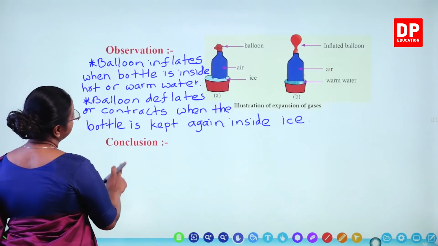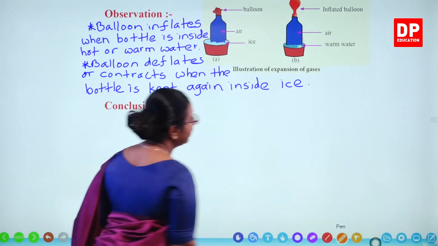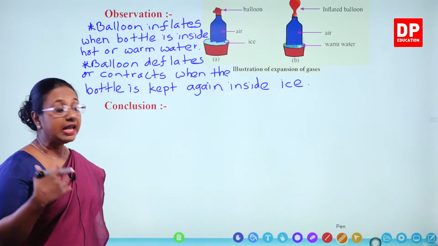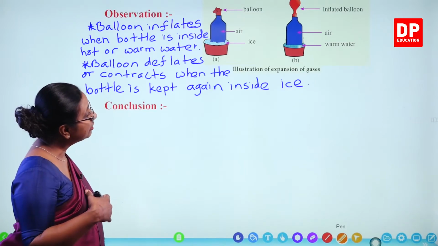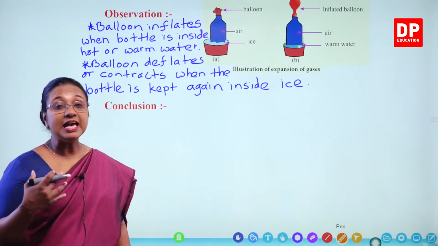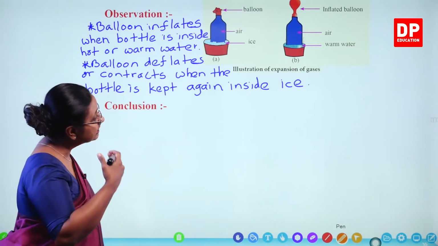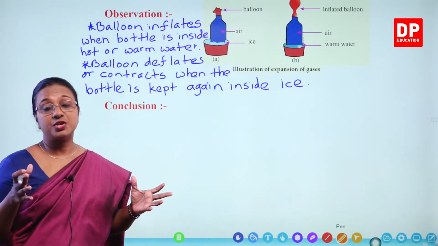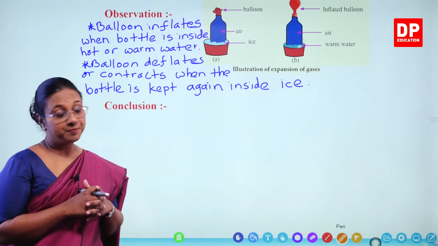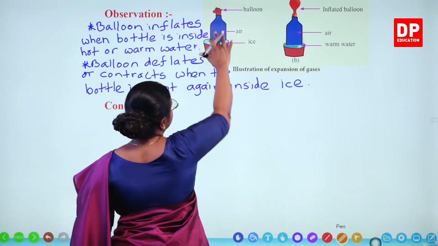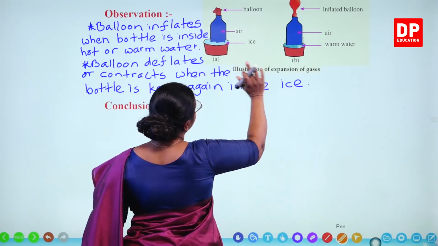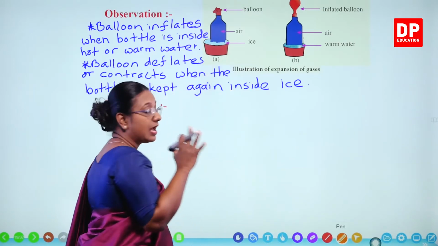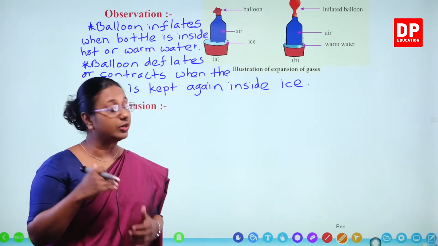So from this observation, students, what can we conclude? Why did the balloon inflate? Because the volume of air inside the glass bottle as well as balloon increases. So how does that happen? Now here, when you place the bottle into ice, the air has a low temperature.